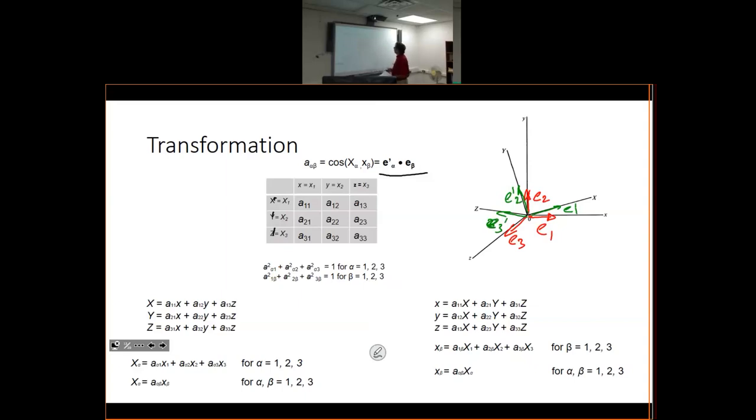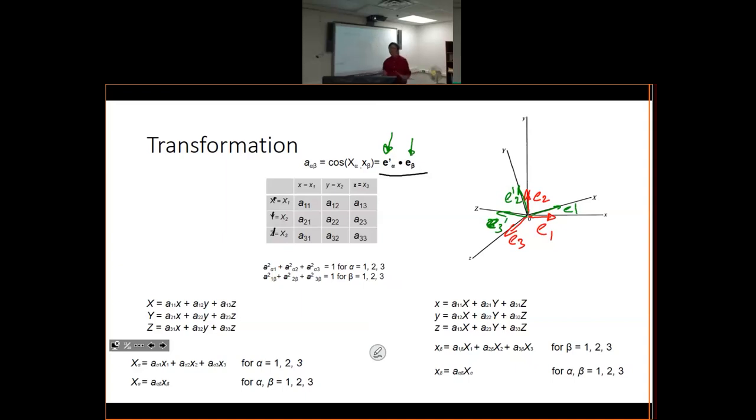So if you know those coordinates, they are all defined with respect to the original global coordinate system, then you can calculate each component of this table by basically dot product between unit vectors, which are defining x and capital X, as long as you know that the first one is capital, the second one is original.